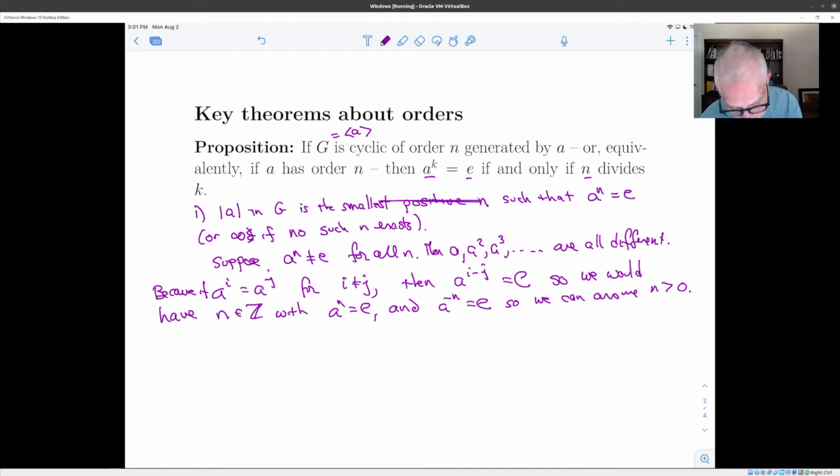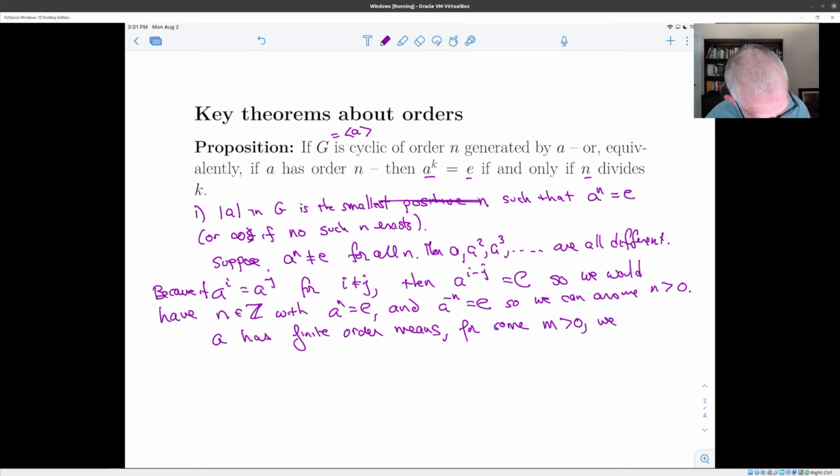So A has finite order. If A has finite order, there has to be some power for which you get the identity.